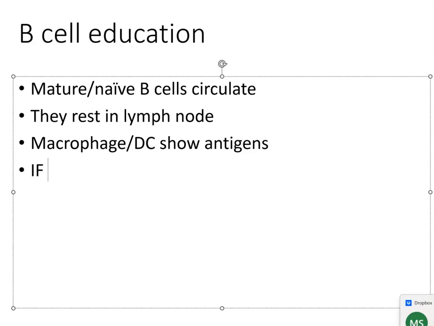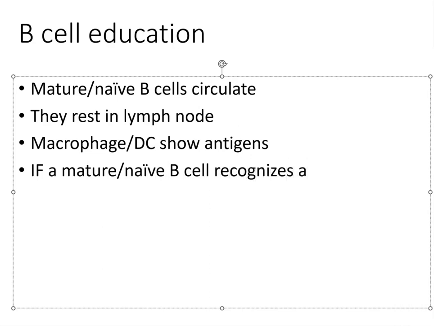And if a mature, naive B cell recognizes an antigen, and it's a big if because it almost never happens, it starts to make immunoglobulin M. That's the first antibody that appears during an immune response, but it's not the best antibody. And it doesn't make huge quantities of it, and it doesn't go through clonal expansion or differentiation.